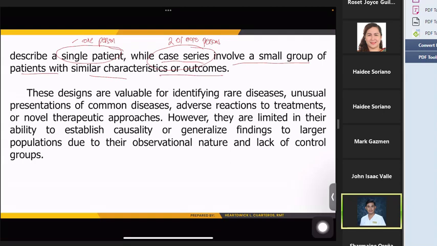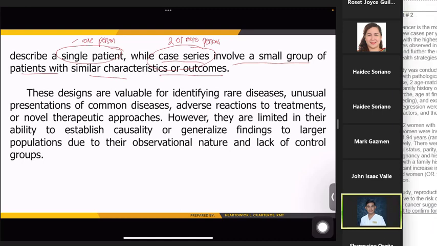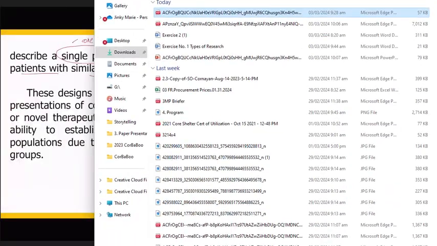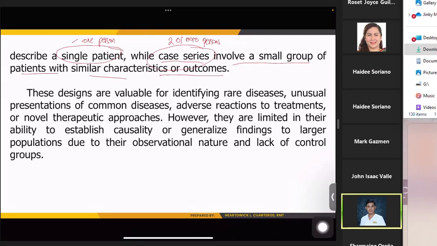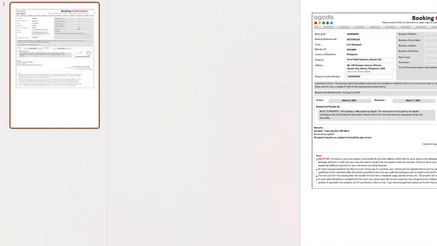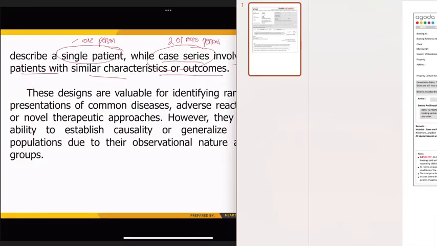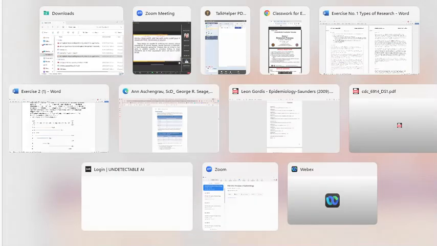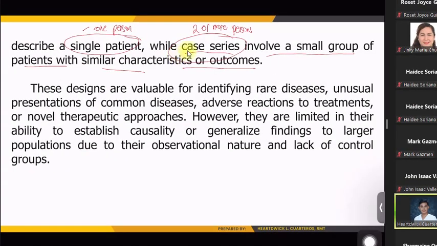Okay? Yan po. So, in simple term pa po, okay, kung marites ka, kung case report ang gagamitin mong design, epidemiological, marites ka, magre-report ka lang ng isang chismis ng isang tao. Okay? Doon lang, isang tao lang i-chismis mo.